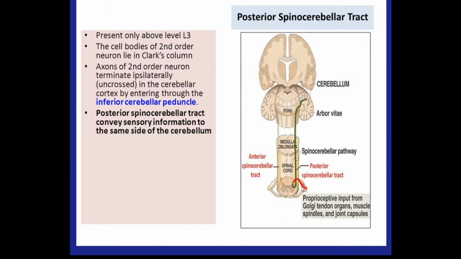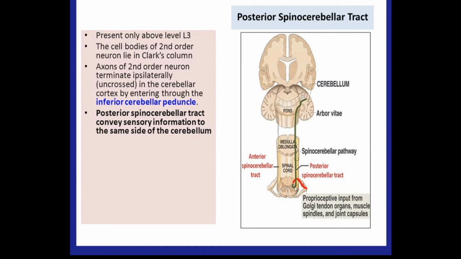Axons of these neurons enter the spinal cord, enter the spinal posterior horn, and form, ipsilaterally without crossing, the posterior spinocerebellar or dorsal spinocerebellar or Flechsig's tract from the Clarke's cells, which are second order neurons which lie in the posterior horns.